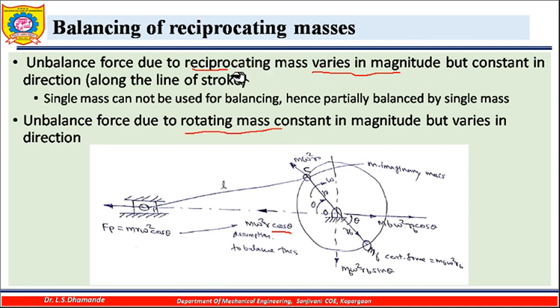In the reciprocating case the magnitude varies and the direction is constant, while in the rotating case the magnitude is constant and the direction is changing. If some mass is rotating about a particular radius, its direction will continuously change as the angle changes, but for the reciprocating mass the direction will always be along the line of stroke. That is the major difference.